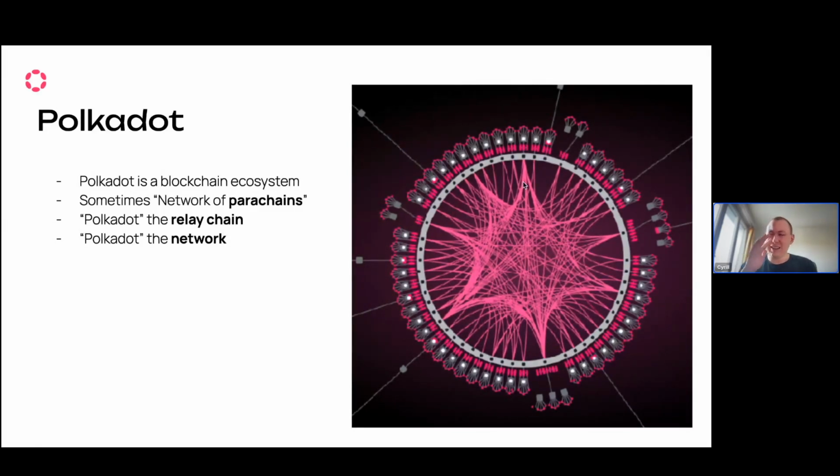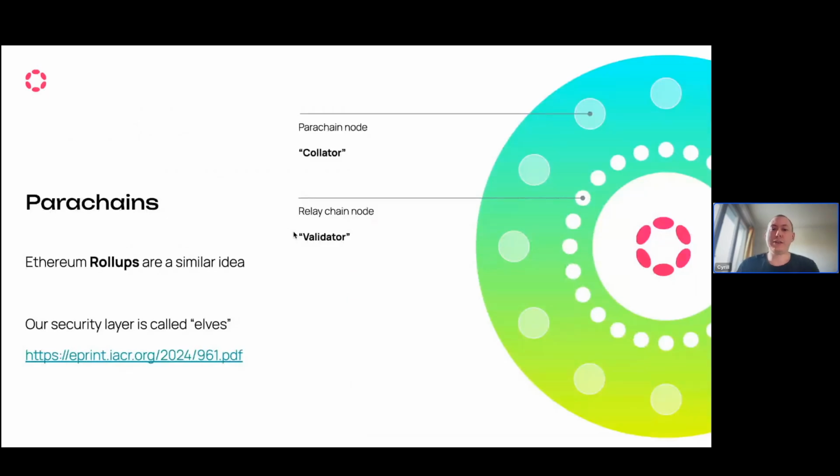When you say you deploy a contract on Ethereum, you might mean on a rollup, but you would default to thinking you deploy to the Ethereum mainnet, the layer one, the Ethereum network itself. Polkadot works a bit differently. In Polkadot, everything is a parachain except for the relay chain. We will get into what this means, but first, parachains.